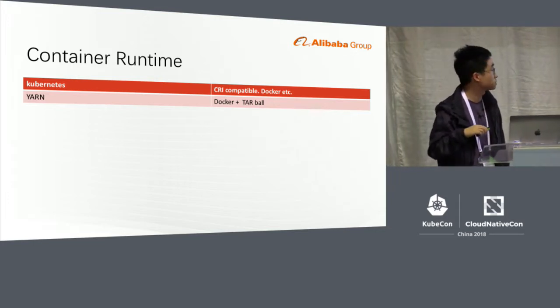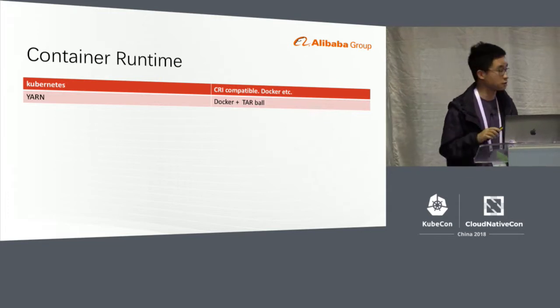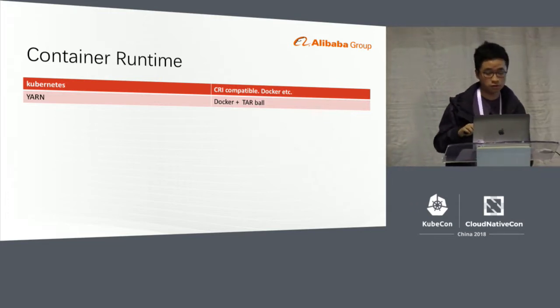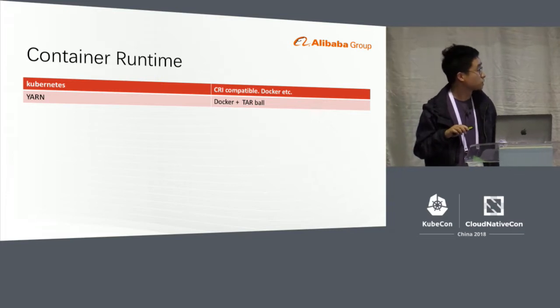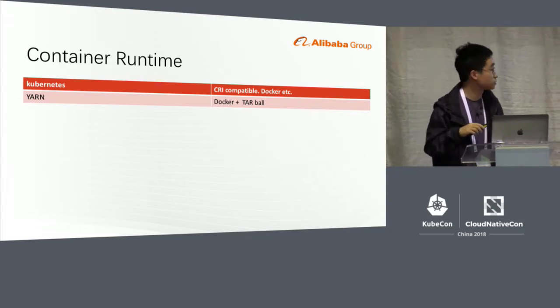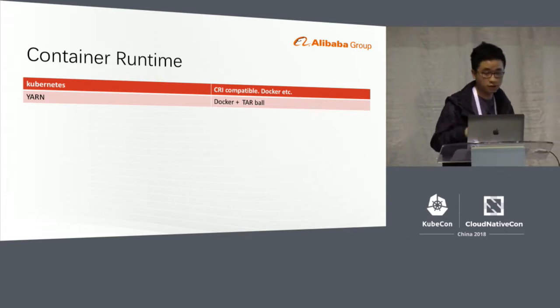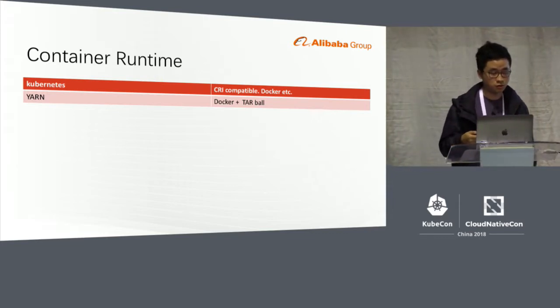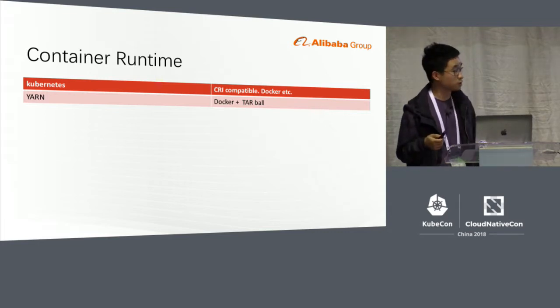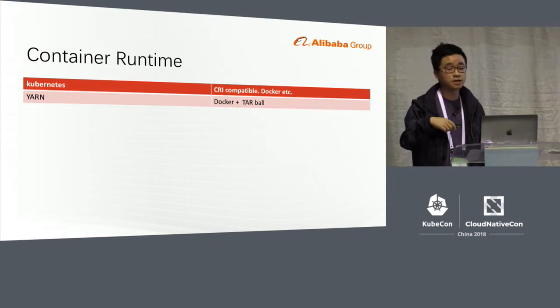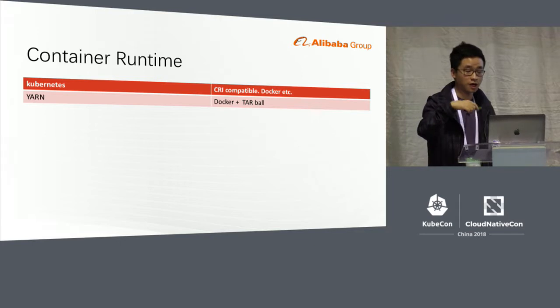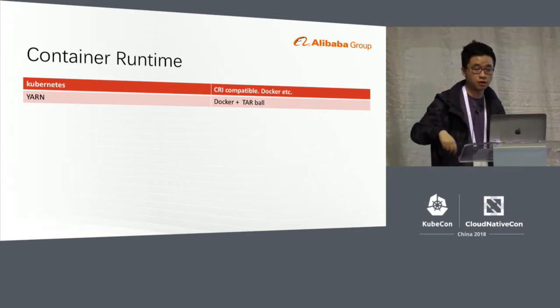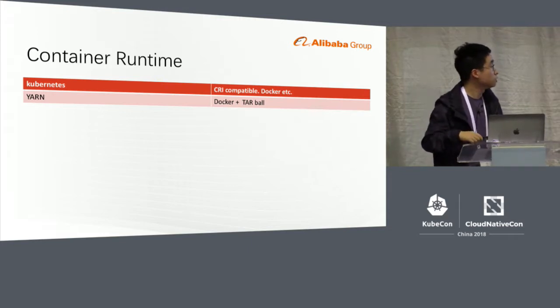And next is the container runtime. The Kubernetes container runtime is CRI compatible, and it is using Docker technologies. However, YARN has Docker and tarball. Probably you're not familiar with tarball, but when you're running jobs, it is not containerized, which means that on each node you need to localize the code, artifacts, and computation files onto the local node.